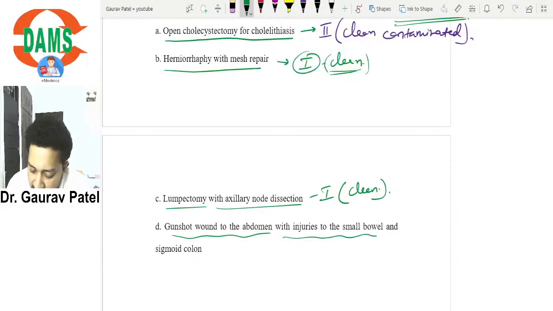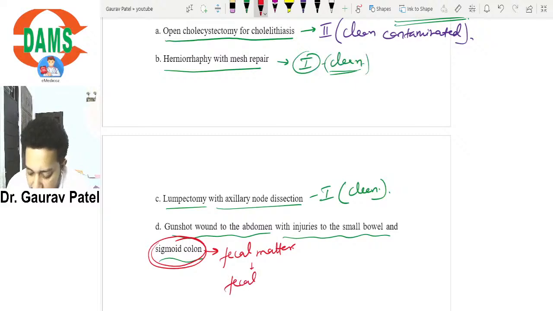Gunshot wound to the abdomen with injuries to the small bowel and sigmoid colon. Sigmoid colon injury. Sigmoid colon, there will be fecal matter coming out, leading to fecal peritonitis. Fecal peritonitis. So this will be type 4, dirty. Type 4, dirty.